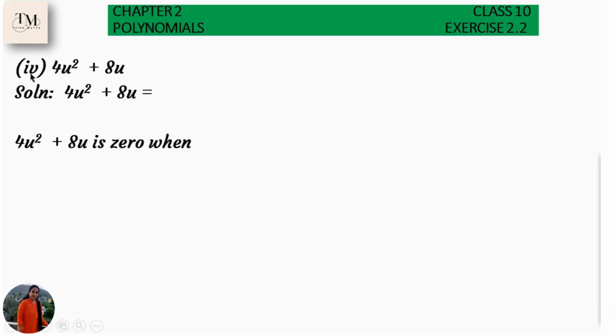Okay. The next problem is 4u square plus 8u. So we can solve this equation very easily, because if you take 4u outside, the remaining will be u plus 2. So 4u square plus 8u is 0 when u is equal to 0 and u plus 2 is equal to 0.